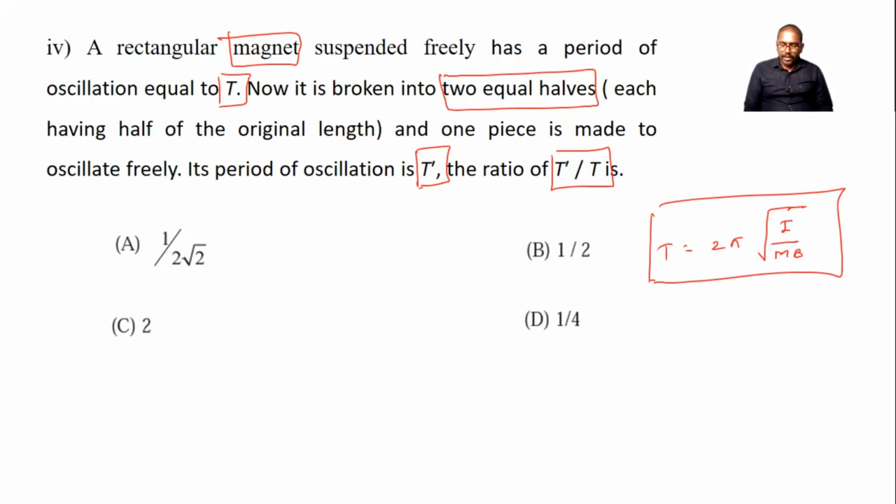The period depends on the moment of inertia, and the moment of inertia depends on length. Since it's a bar magnet, its moment of inertia is m L square by 12.